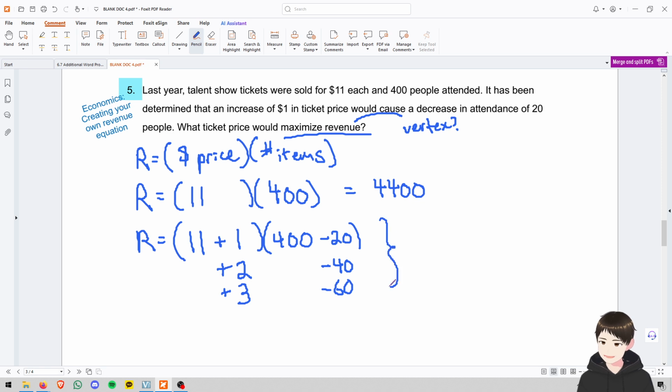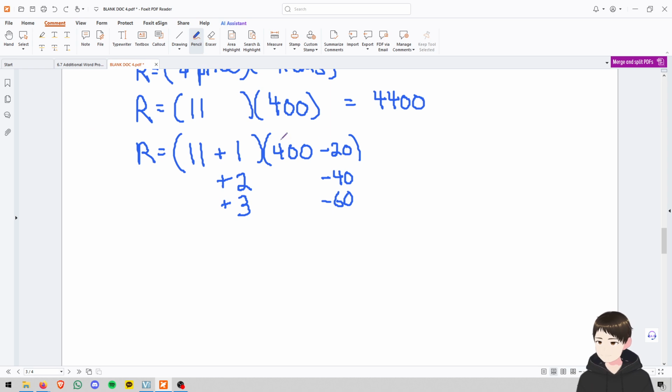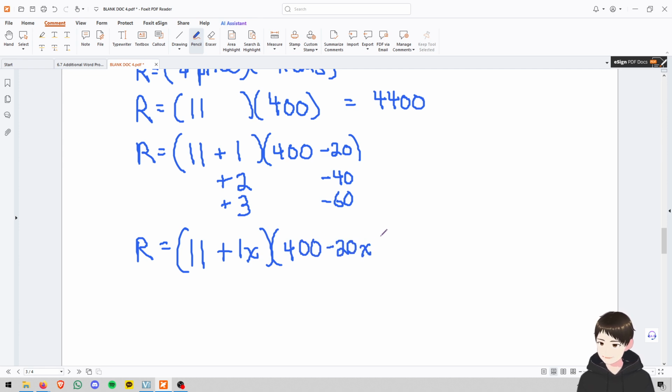How do we convert this into an equation? Well, 1 to 20, 2 to 40, 3 to 60. Every time this goes up by 1, this goes down by 20. You can argue then, and this is very typical, every time I increase by 1x, I subtract 20 of the same x.